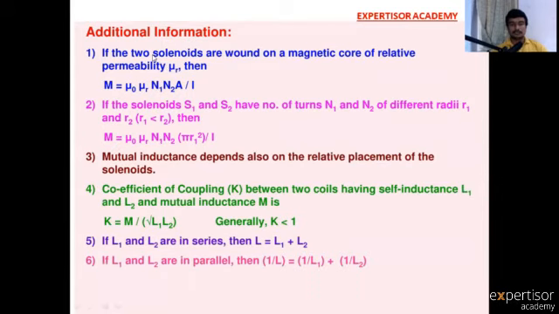If the two solenoids are wound on a magnetic core of relative permeability mu r, then M is equal to mu naught mu r N1 N2 A divided by L. Next, if the solenoids S1 and S2 have numbers of turns N1 and N2 with different radii R1 and R2, where R2 is greater than R1, then M is equal to mu naught mu r N1 N2 pi R1 squared divided by L. This is another mutual inductance expression with respect to the radii.